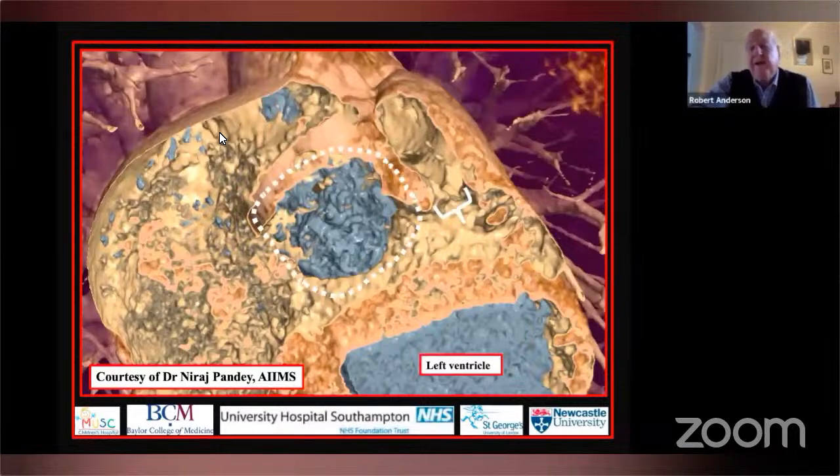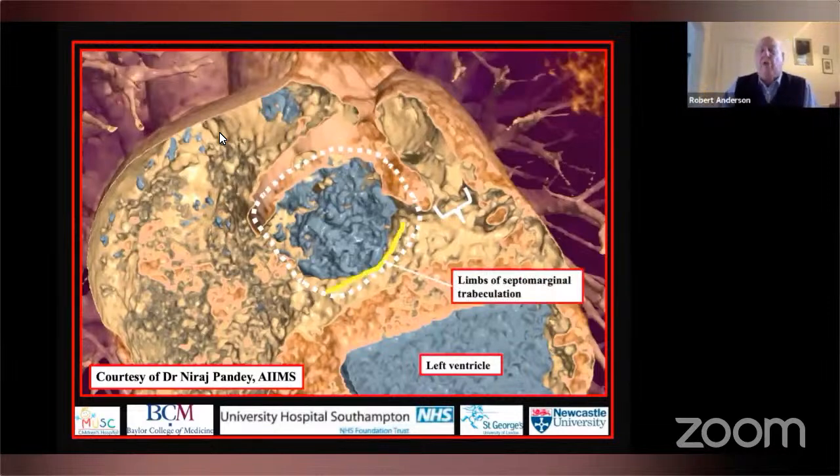And for me, irrespective of the degree of aortic override, I would call that the ventricular septal defect. In this instance, you see that the defect opens to the right ventricle between the limbs of the septomarginal trabeculation, which reinforce the crest of the muscular ventricular septum.